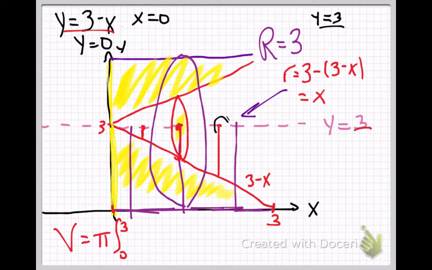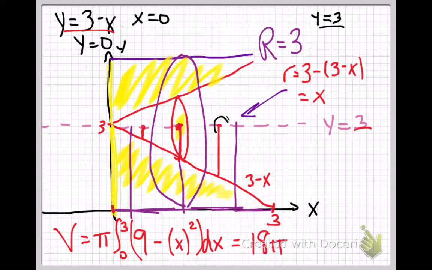Now we do the area of the big circle, which is going to be 9, because the radius is always the constant, 3, minus the square of the radius of the smaller circle, which we simplified to be x, so 9 minus x squared dx. And I should put parentheses around the whole 9 minus x squared to let the reader know I'm integrating the whole thing. And again, you can go to your calculator for this. You would get 18 pi as the volume of that solid.